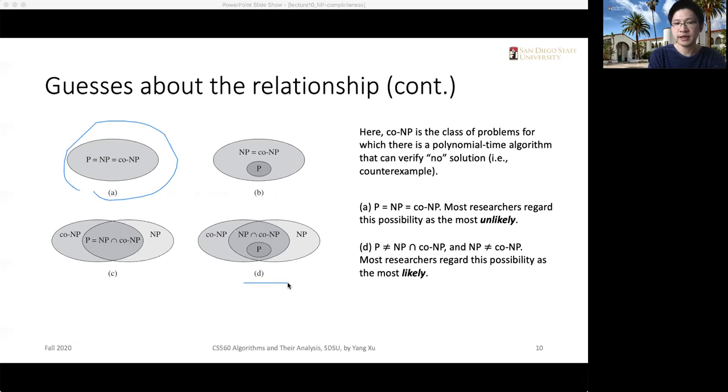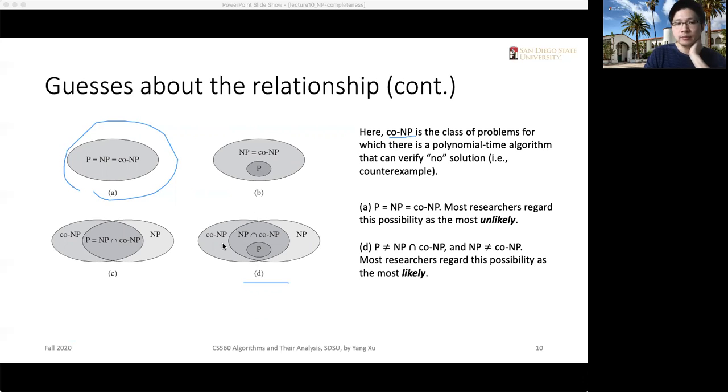So people believe that NP should be a larger region than P, and the overlap area between co-NP and NP is the NP-complete part. Here co-NP means those problems for which there is a polynomial time algorithm that can verify no solution, like verifying a counterexample.